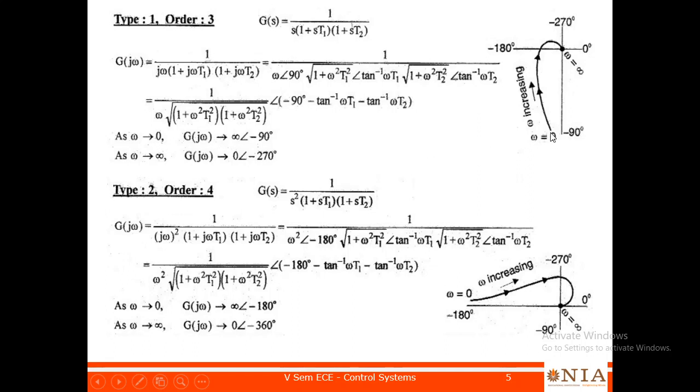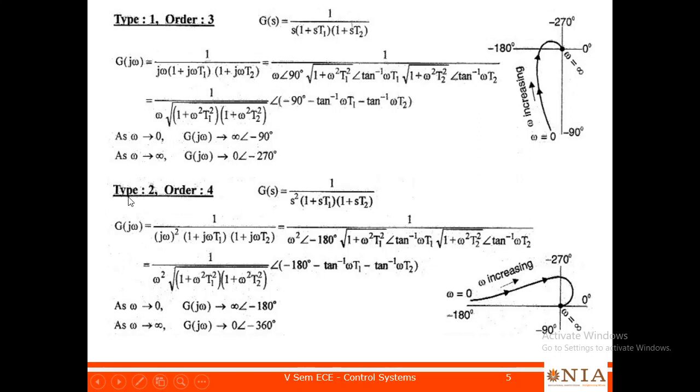At omega equal to 0, the magnitude is infinity and the phase is minus 90 degrees, so it is a line parallel to minus 90 degrees. For omega equal to infinity, the magnitude is 0 and the angle is minus 270 degrees. These are the starting and ending points, so your graph is like this. The arrow mark is also important: at omega equal to 0 it starts, and at omega equal to infinity it ends.